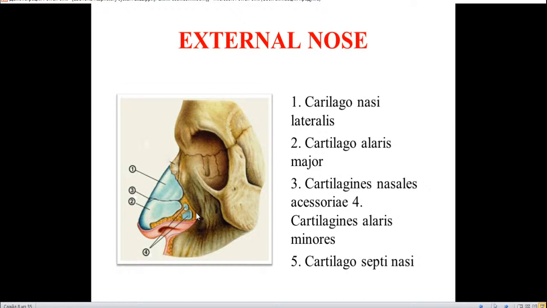The lower border of the ala is bounded by the nostril or nares. The external nose is a specific feature of the human. It forms the nostrils and is responsible for the correct passage of the air.